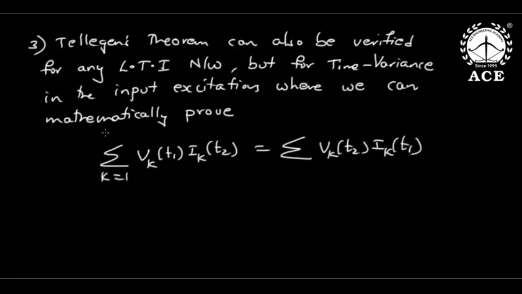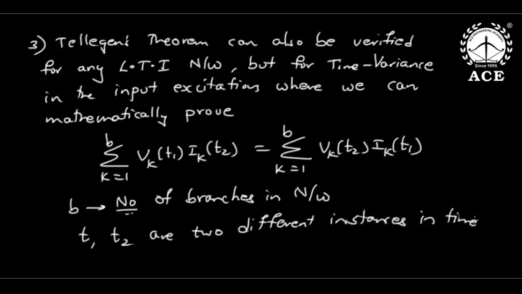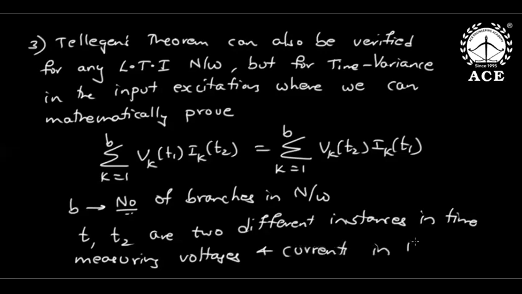Of course, k is for the number of branches in the network, and t1, t2 are two different instances in time, measuring voltages and currents in the network.